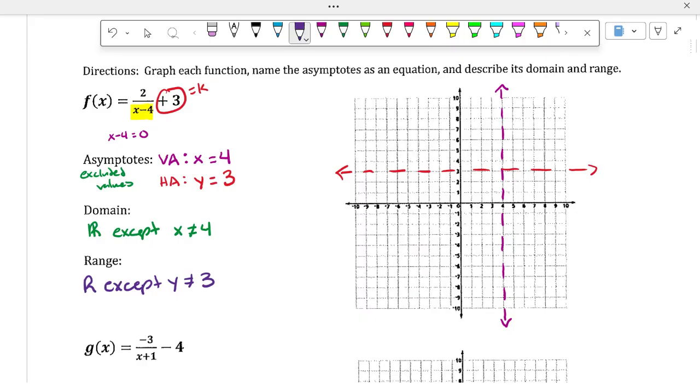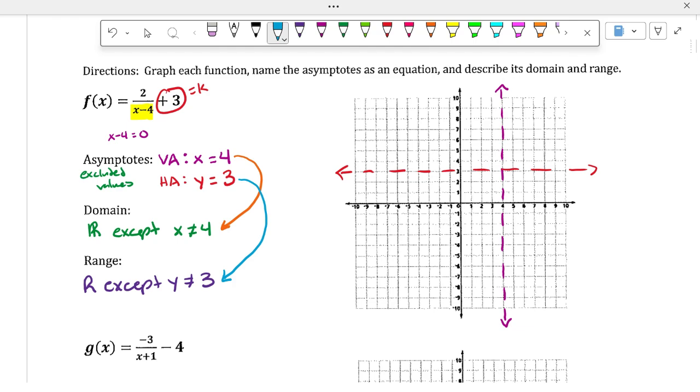So guys, if you look, vertical asymptote, that's your excluded value in the domain. Horizontal asymptote, that's your excluded value in the range. They go hand in hand. So if you know them, you got your domain and range. Domain and range should be easy for these as long as you can get the horizontal and vertical asymptote.